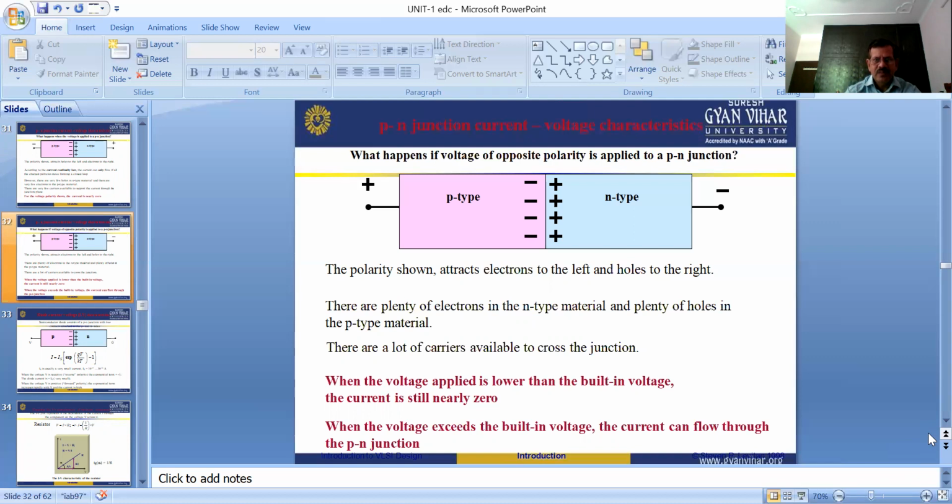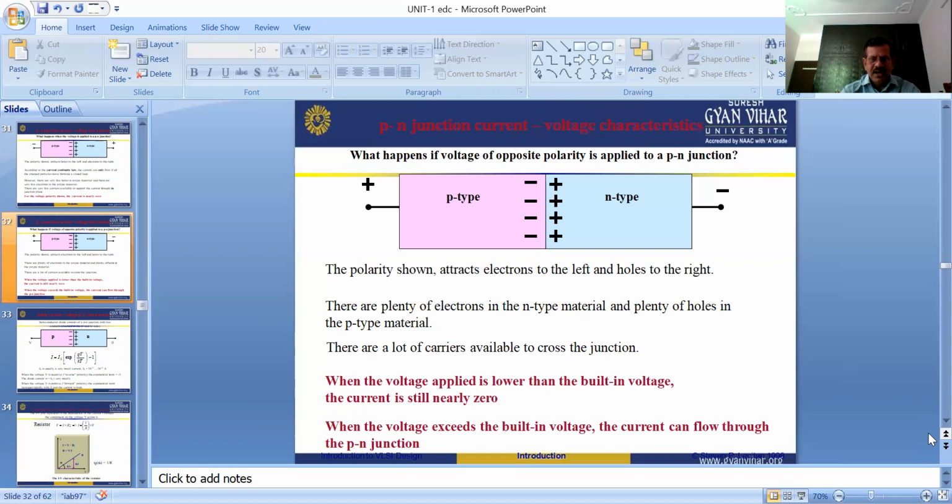We apply an external voltage. If this voltage is lower than the built-in voltage, the current is still nearly zero. When the voltage exceeds the built-in voltage, current can flow through the PN junction.